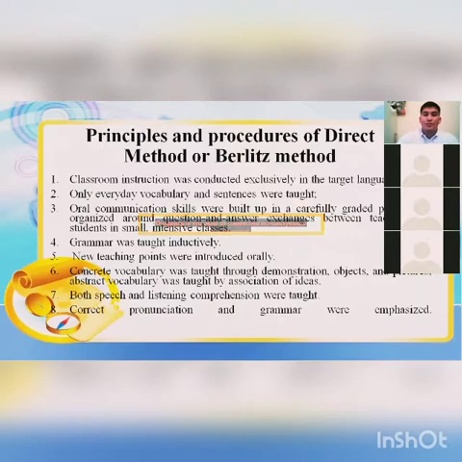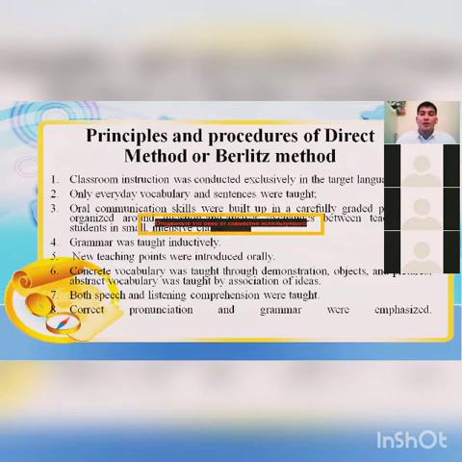So here we have principles and procedures of direct method. Sorry, I'm watching the time. So here, the principles of direct method. Classroom instruction was conducted exclusively in the target language. So in direct method, we use only the target language in the classroom, even though our students or learners will not understand.